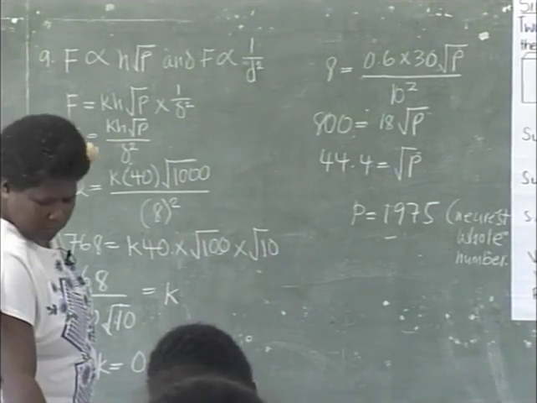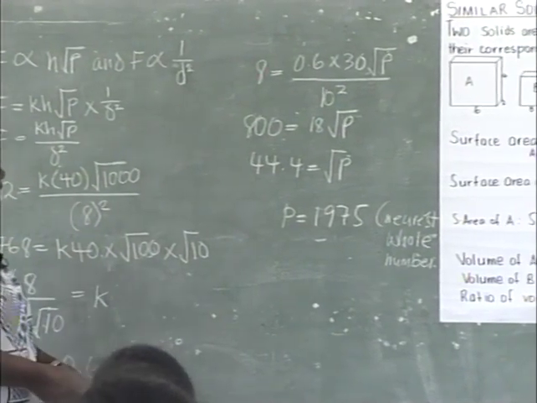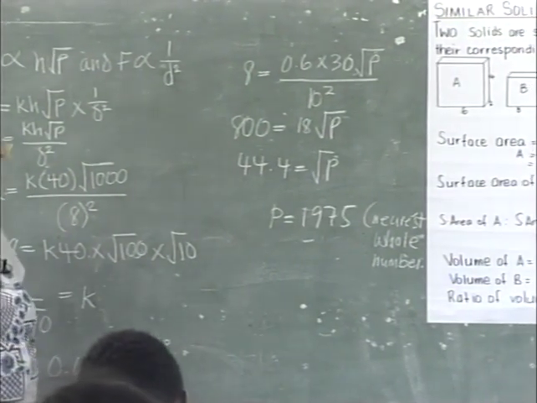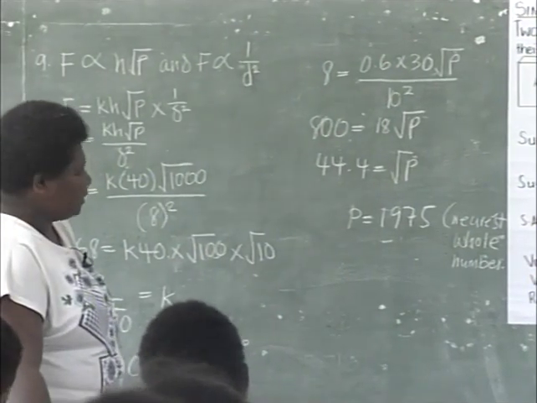The answer is 1,975 to the nearest whole number. 1,975.3, I think, to 2 decimal places.